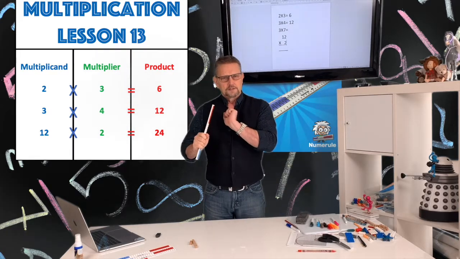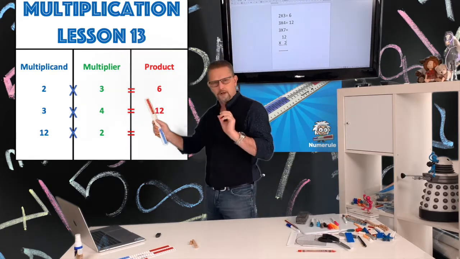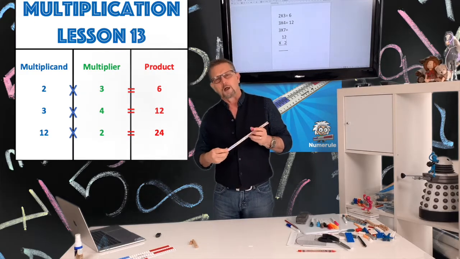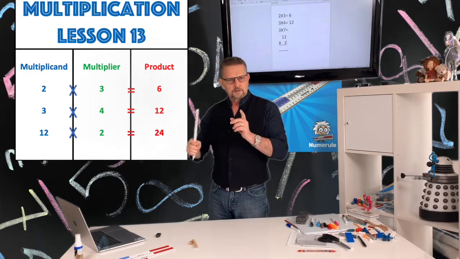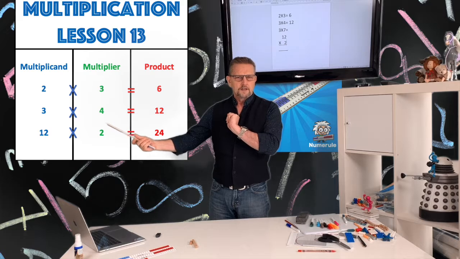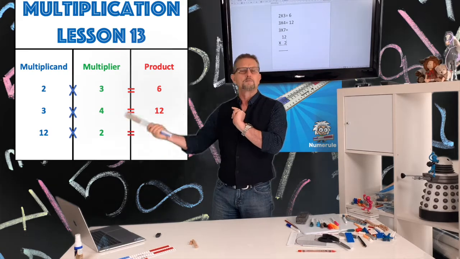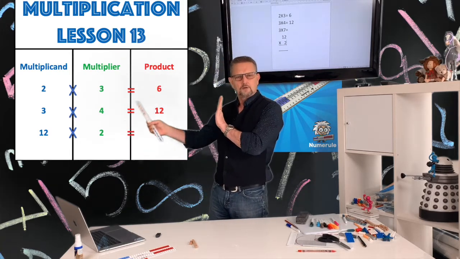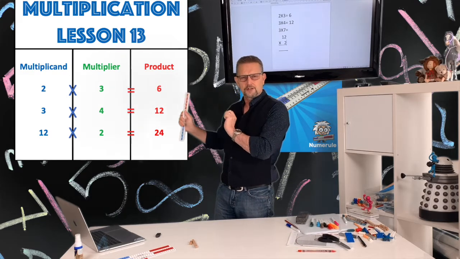Say up here we've got 2 multiplied by 3. So 2 and 3 are factors and they're factors of 6. They both can be divided into 6. When you multiply them together, we get the answer of 6.